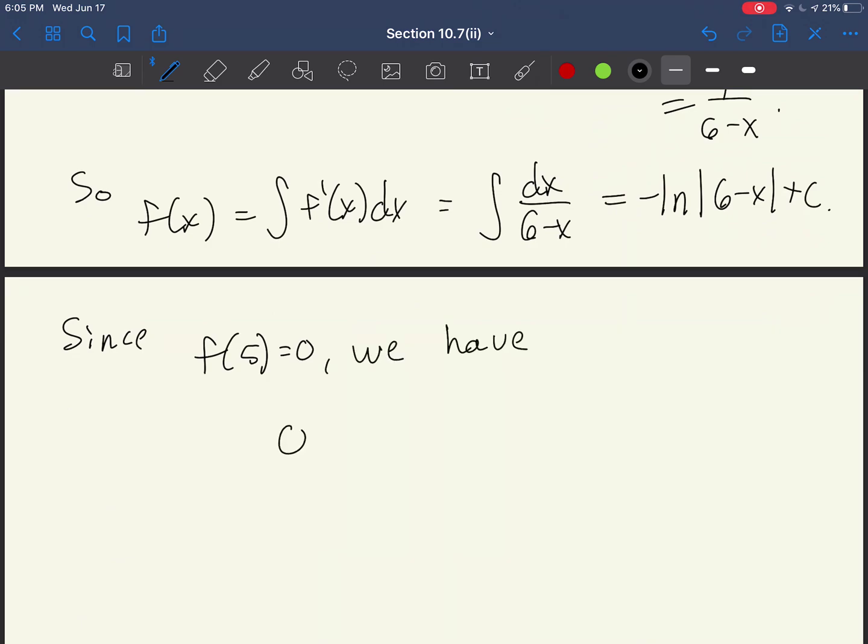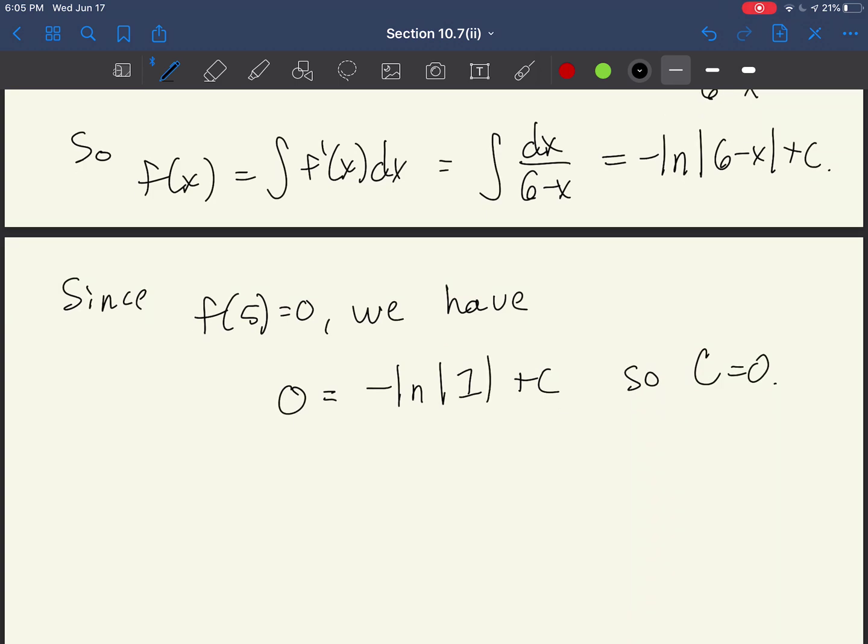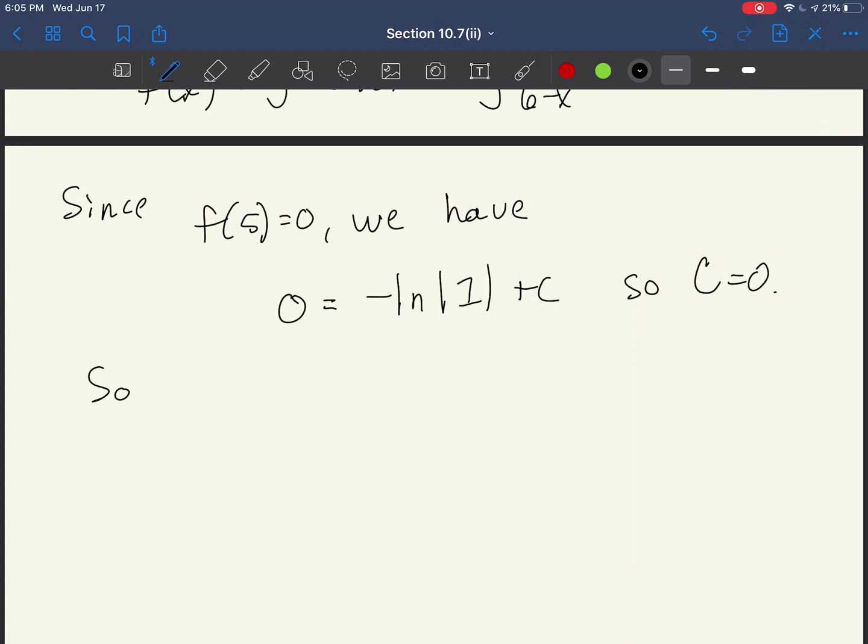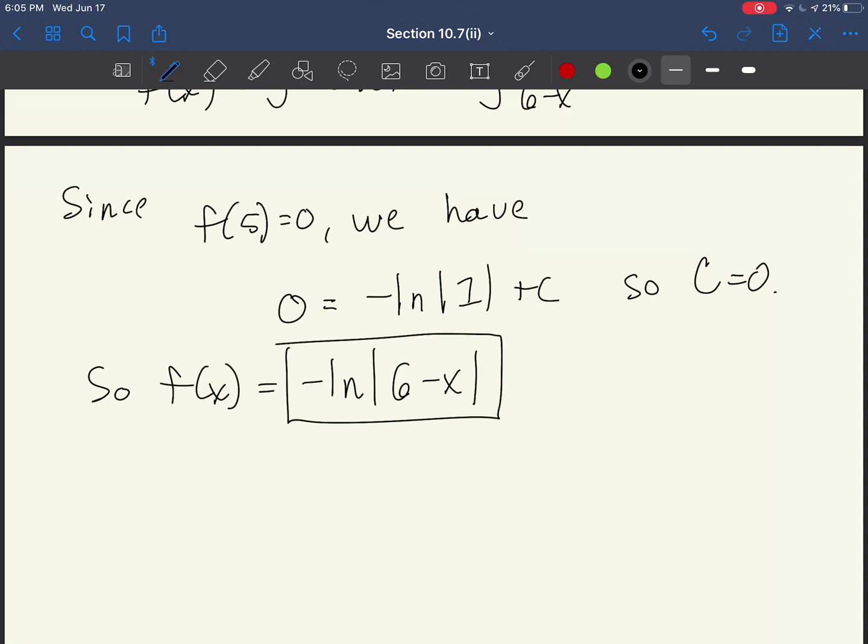Center is 5. We have 0 equals negative natural log absolute value of 1 plus c, so c equals 0. So f of x equals negative natural log absolute value of 6 minus x.